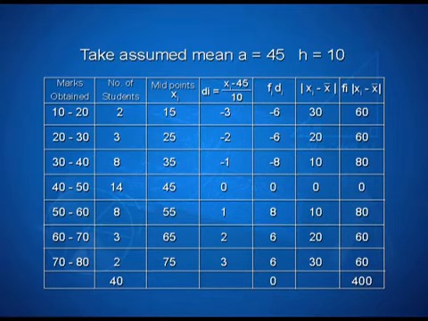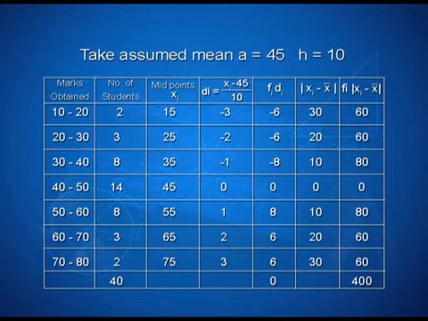First is for marks obtained, second for the number of students, that is fi, third is for midpoint xi, and the fourth column is for di, that is (xi minus 45) upon 10.